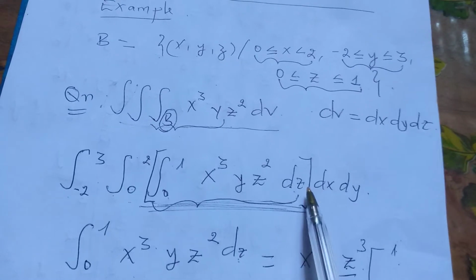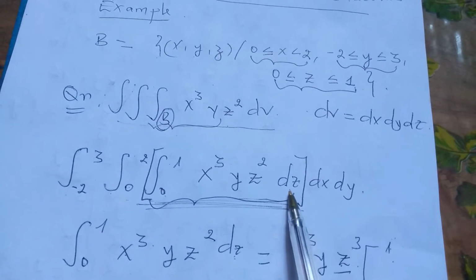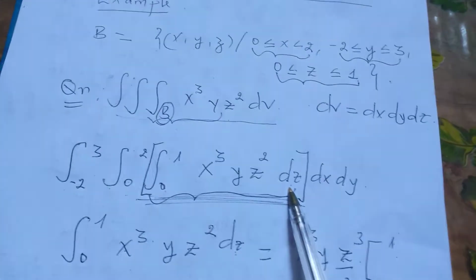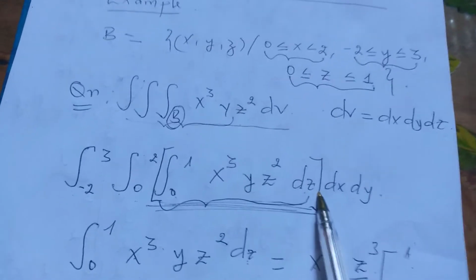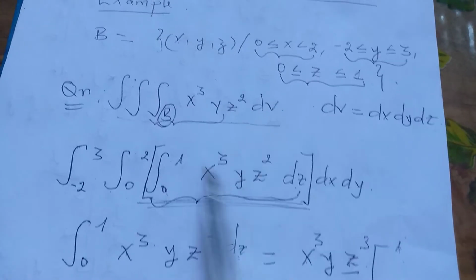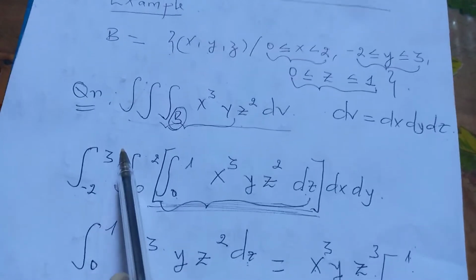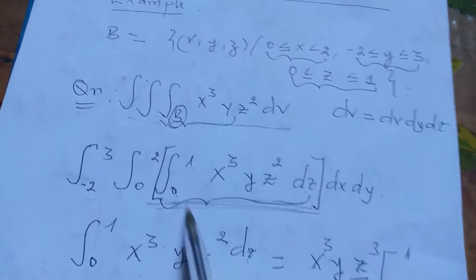In triple integrals, you have to integrate one variable at a time, for instance z, x or y. Here we choose to integrate with respect to z, so we first work out the integral from 0 to 1. How do you arrange this? -2 to 3, 0 to 2, and 0 to 1.